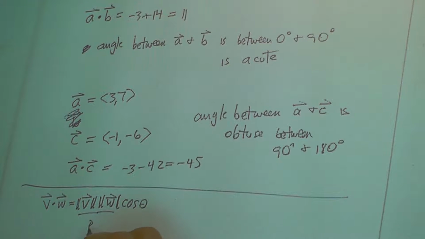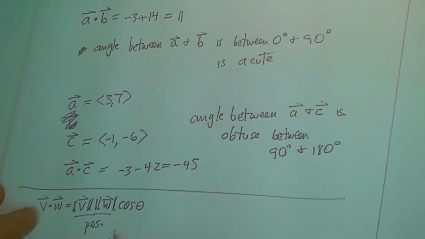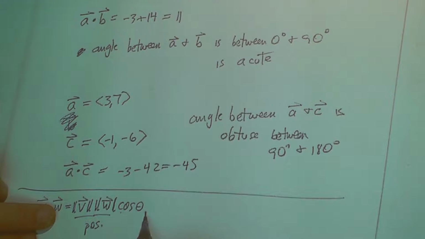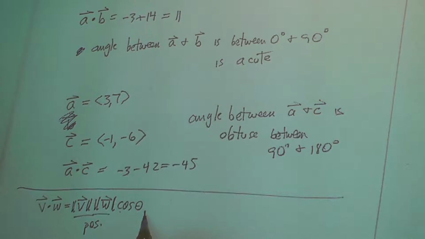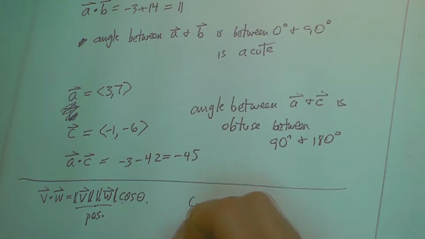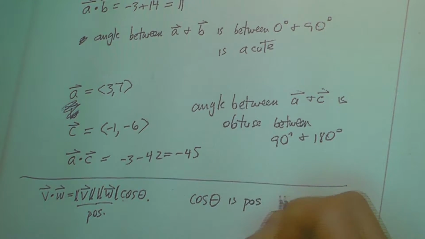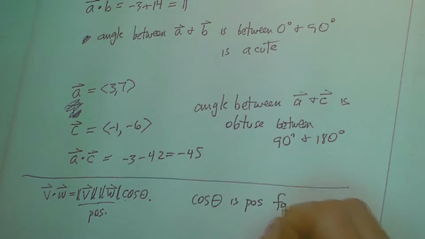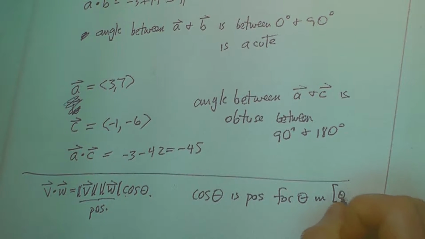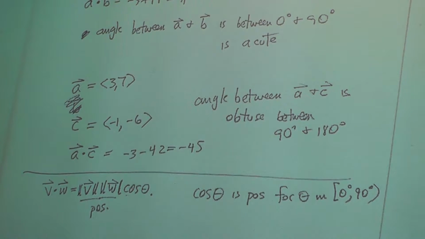So the sign of the dot product is completely controlled by the sign of the cosine. And I know that cosine of theta is positive for theta in 0 degrees up to 90 degrees, that's open.